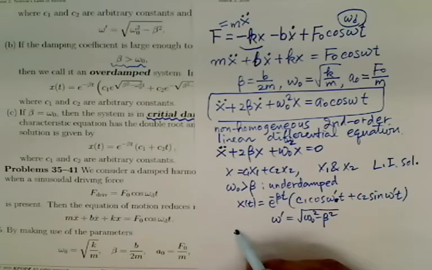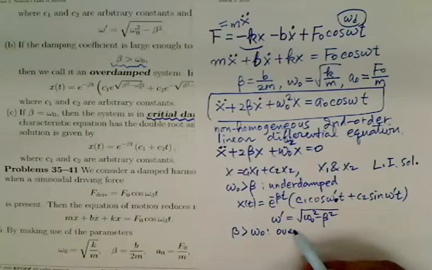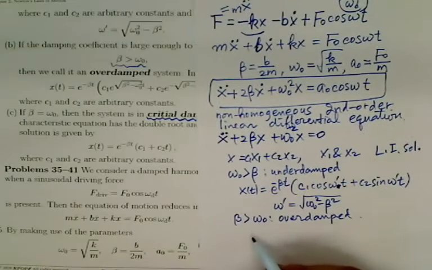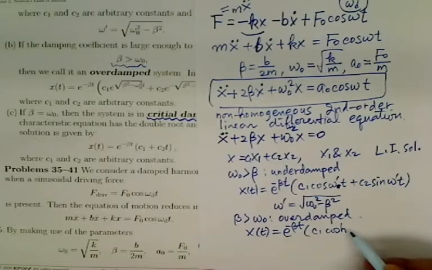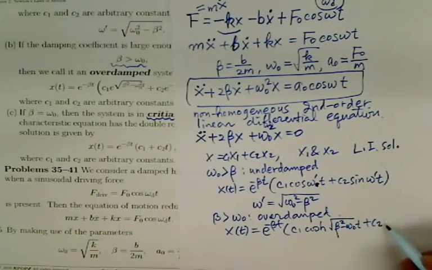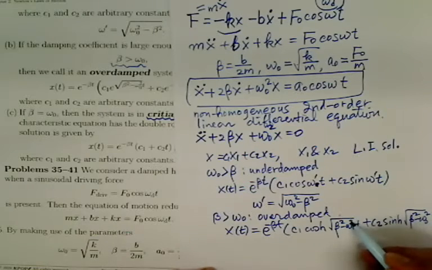If beta is greater than omega 0, overdamped case, the result was x of t equals e to the minus beta t times c1 cosine hyperbolic square root of beta squared minus omega 0 squared t plus c2 sine hyperbolic square root of beta squared minus omega 0 squared t.